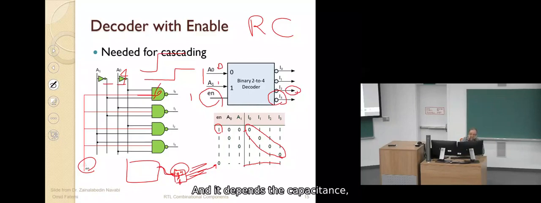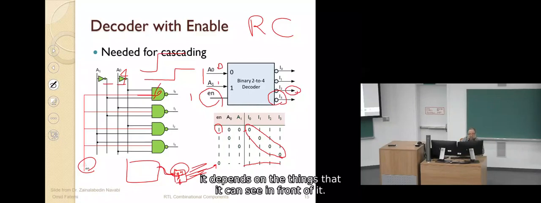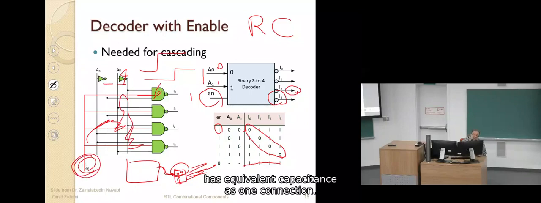And the capacitance depends on the things that it can see in front of it. Now I want to build something that has an equivalent capacitance as one connection, so this circuit is not good for my component-based design.